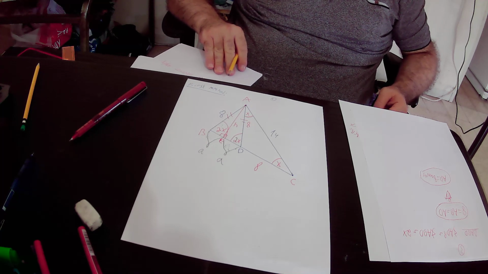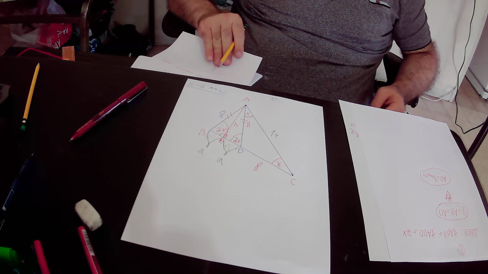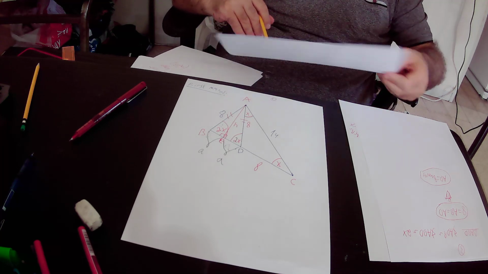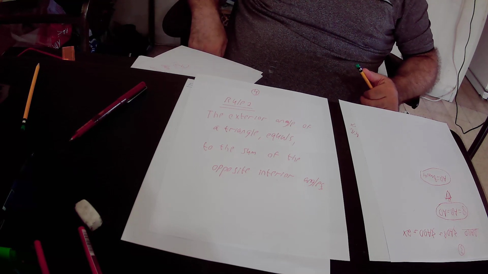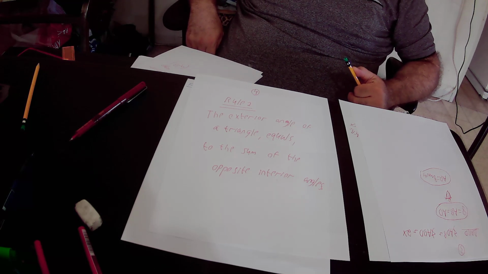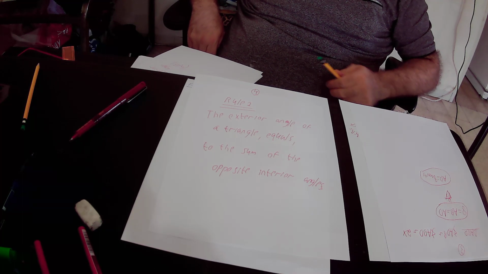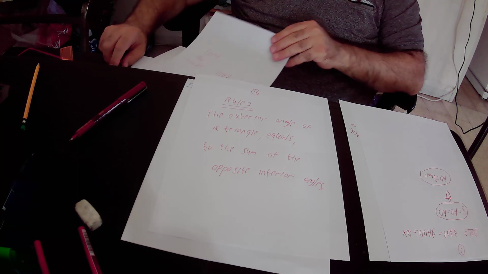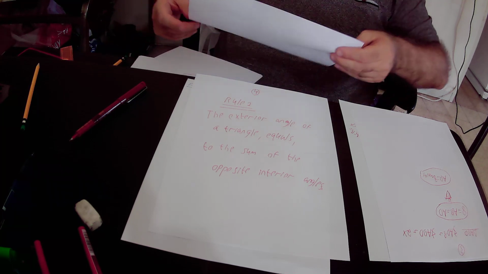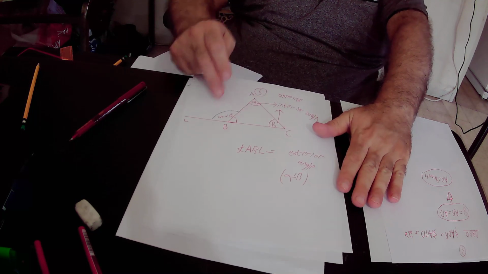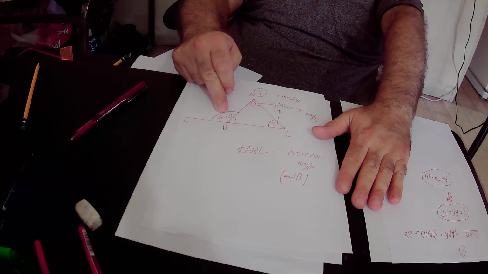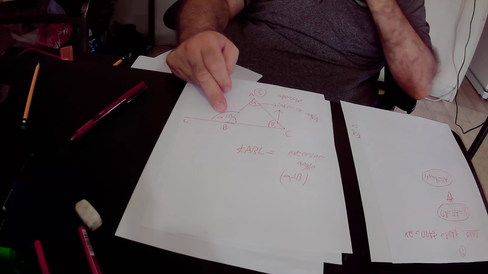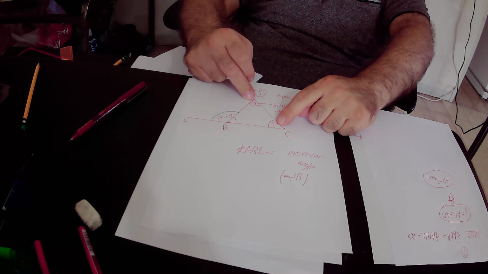And then we use rule number 2. Rule number 2 states that the exterior angle of a triangle equals the sum of the opposite interior angles. So this angle, that is the exterior angle of triangle ABC, equals the sum of the interior angles alpha plus beta.